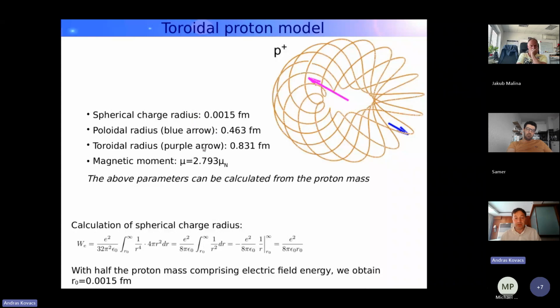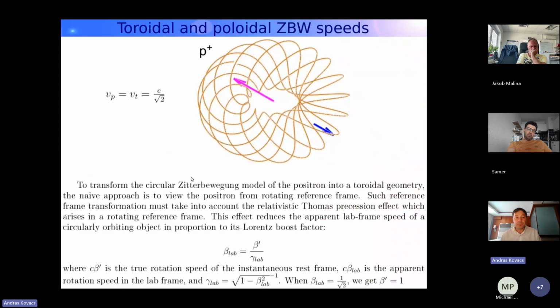So the next challenge is to calculate the Zitterbewegung radius, but to do that, we have to know somehow the ratio of the poloidal versus toroidal Zitterbewegung speed. Now, I argue that the correct assignment is that the poloidal and toroidal Zitterbewegung speeds are the same, and the same value is then c over square root of 2.